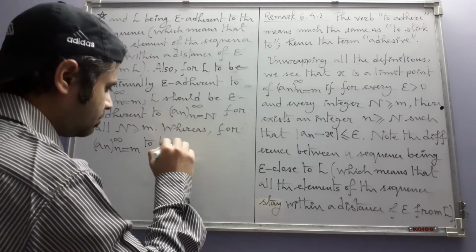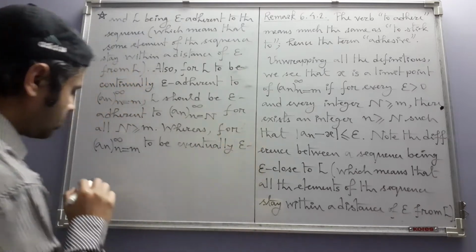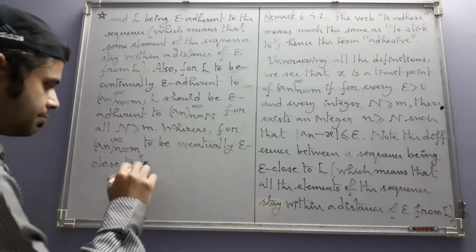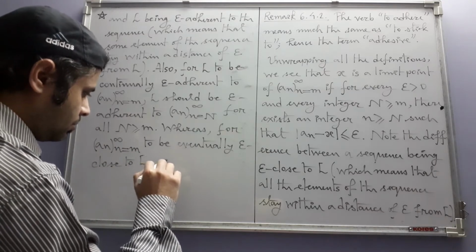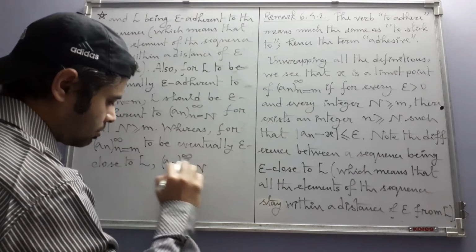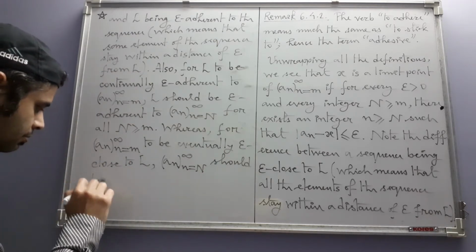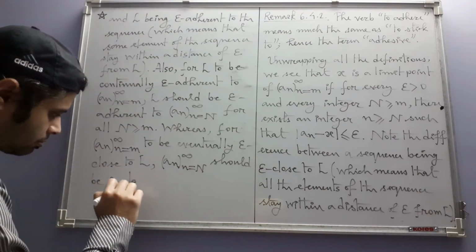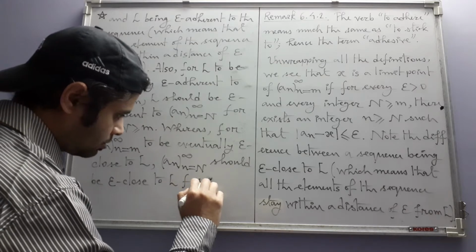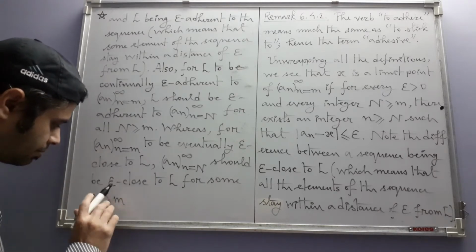For the sequence to be eventually epsilon close to L, this sequence where the index starts from capital N should be epsilon close to L for some n greater than or equal to m.